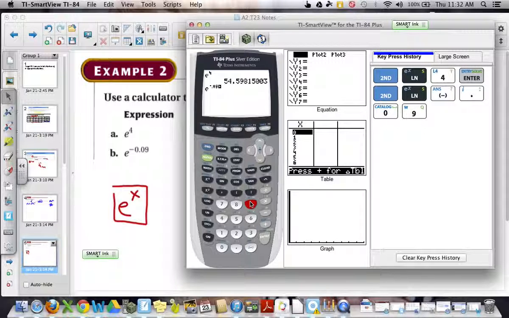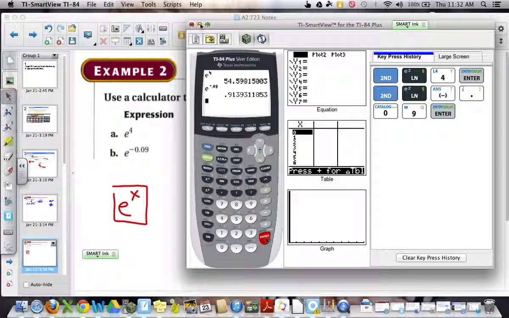And there I get 0.91. So something we want to recognize is that when we take e to a positive power, we're going to get a big number. When we take e to a negative power, just like with any other number, you get a small number, a fraction.